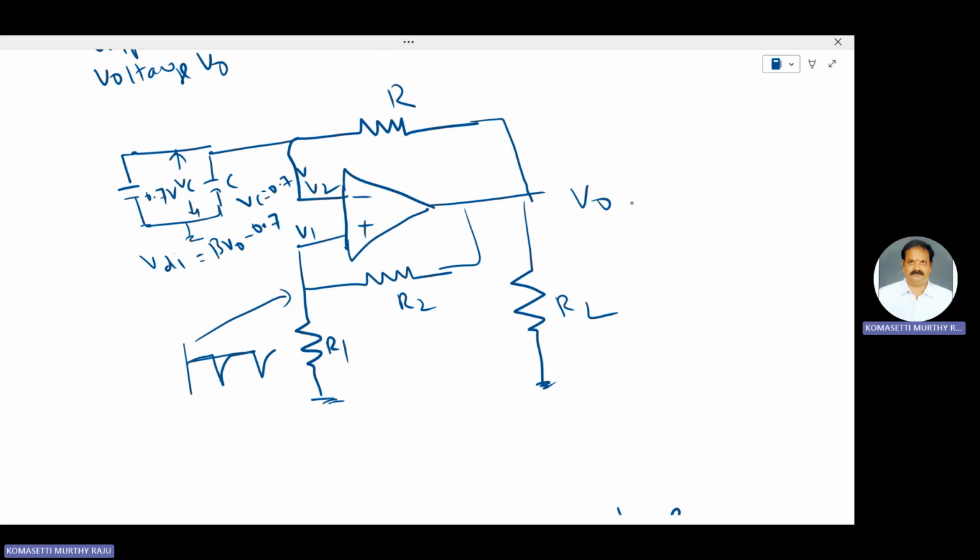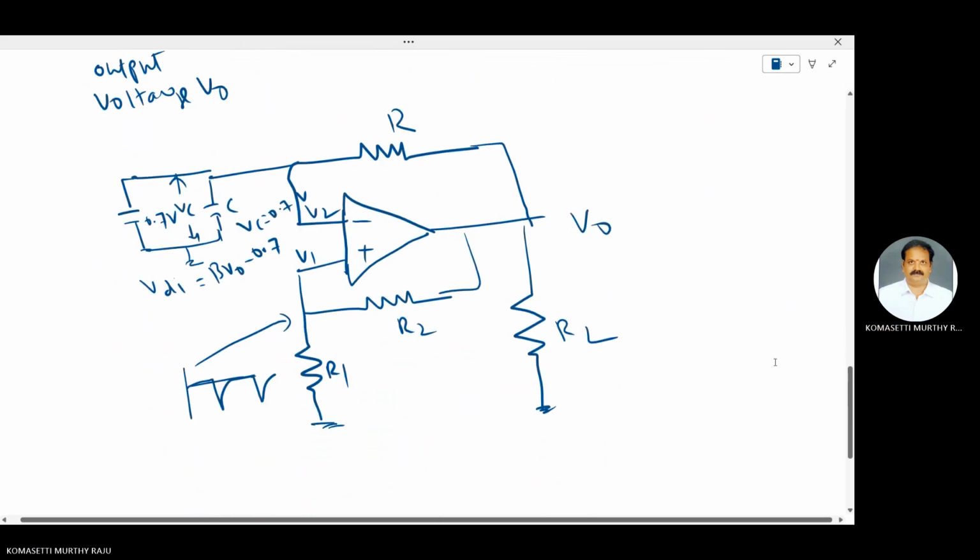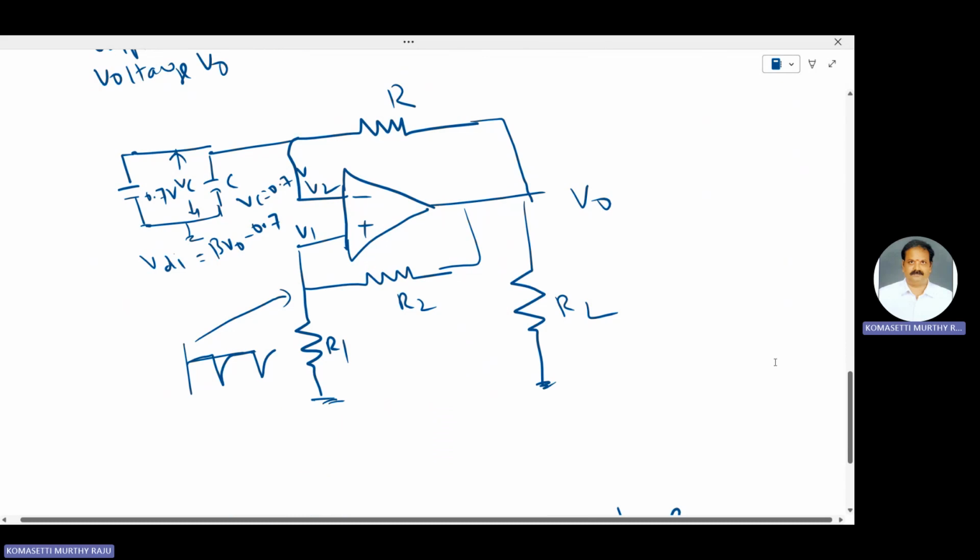Change of state means the output of the monostable multivibrator changes from plus Vsat to minus Vsat. How to change that state? Now I will explain. This negative going pulse reaches here. The pulse amplitude is Vt, and Vt is negative.